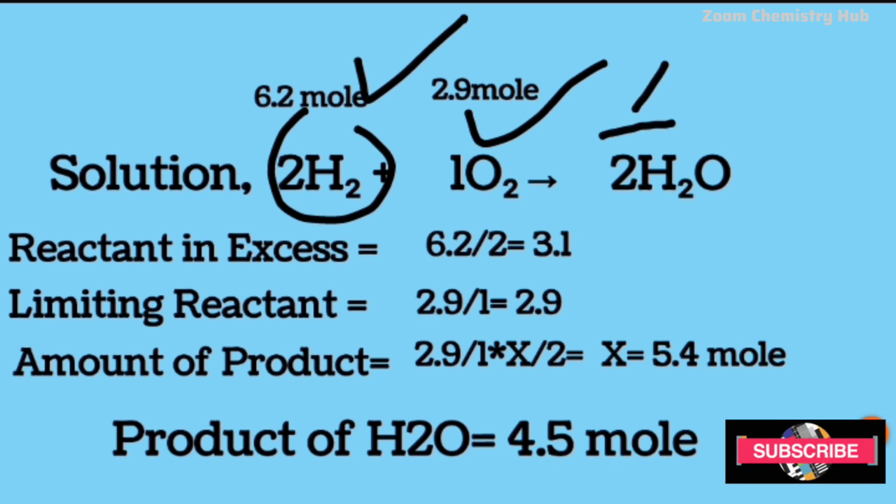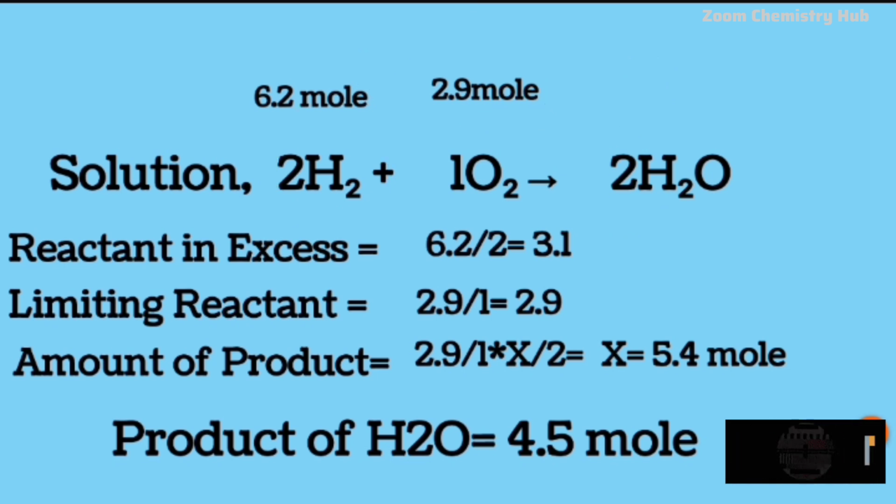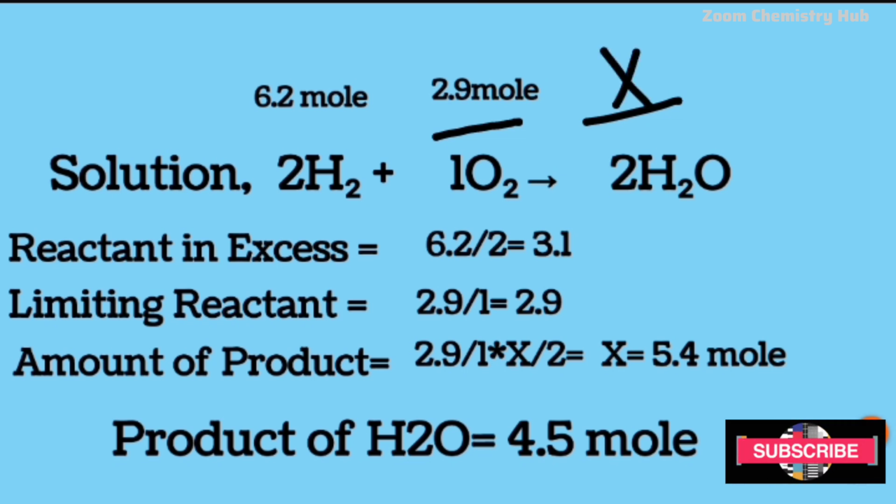We can write here x divided by 2, the number of moles of water, and first here we write the number of moles, that is 2.9. We divide the number of moles by their coefficient, and here we divide the number of moles which has to be calculated, that is x, and here the coefficient is 2.